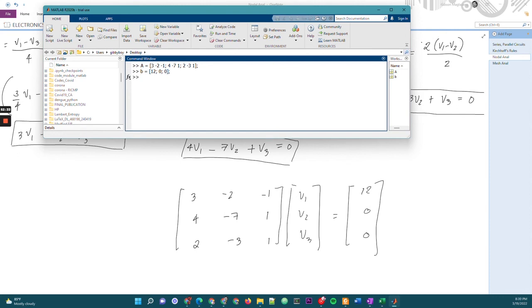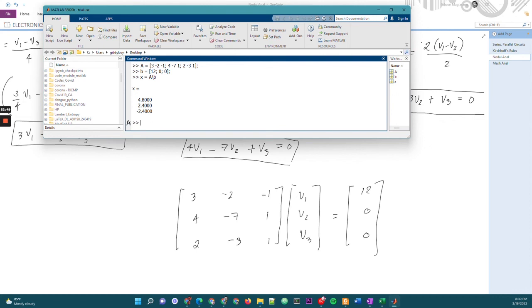To solve for x, ang mga V1, V2, V3, we have A backslash B. Okay, that's it.